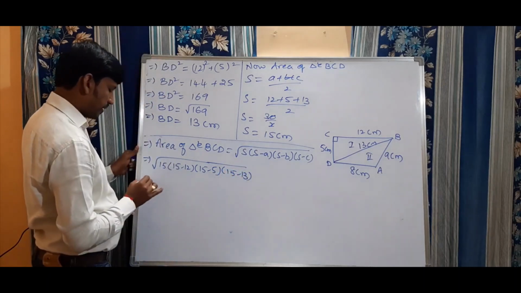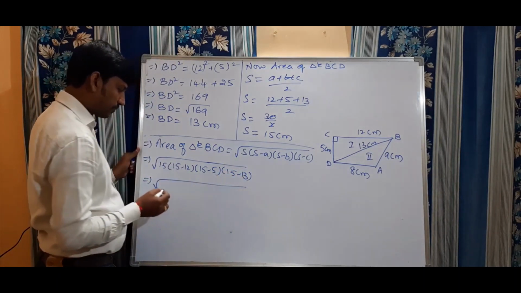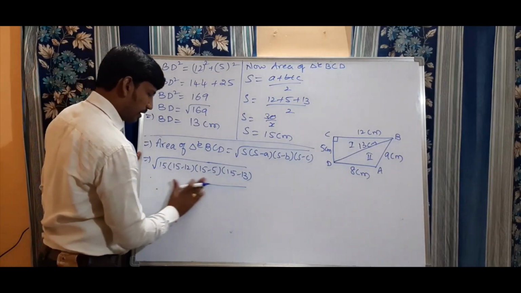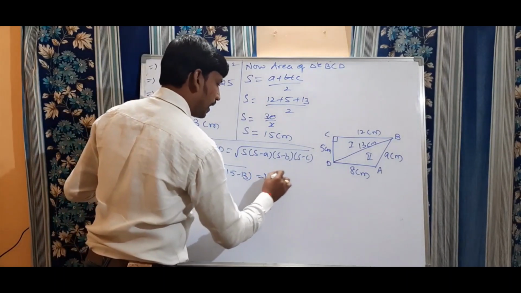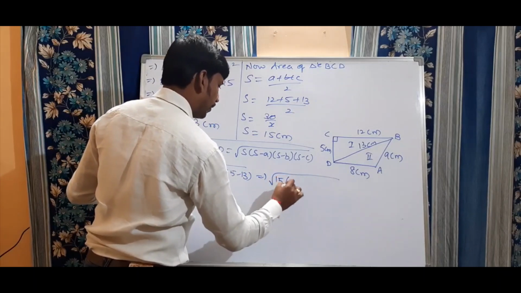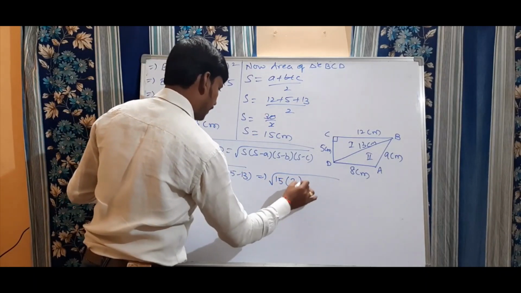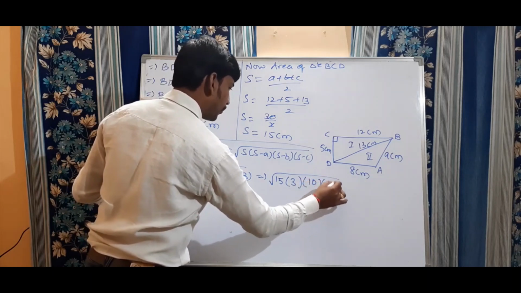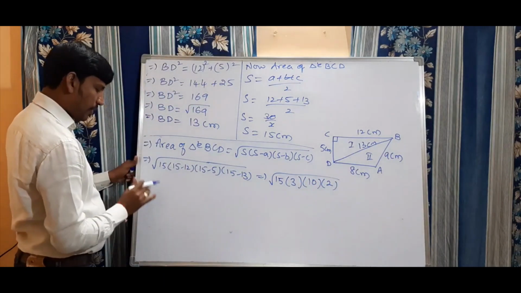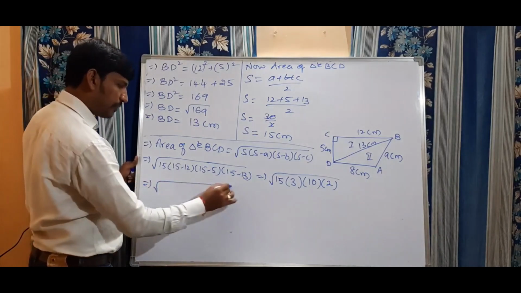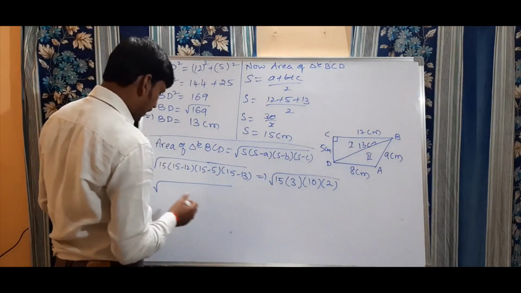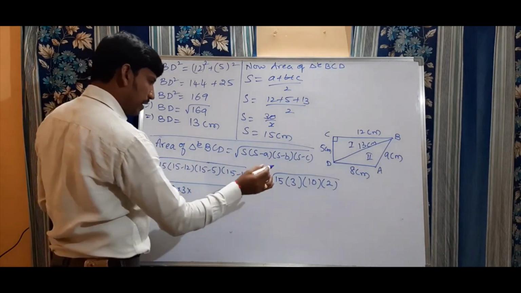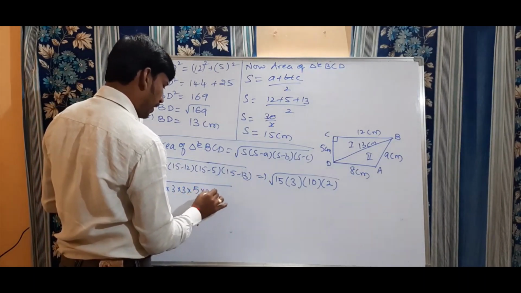Which implies under root of 15 into, I am going to write it here only, 15 minus 12 is 3, 15 minus 5 is 10, and 15 minus 13 is 2. Okay, now under root of 15 is 5 into 3, into 3, 10 is again 5 into 2, into 2.